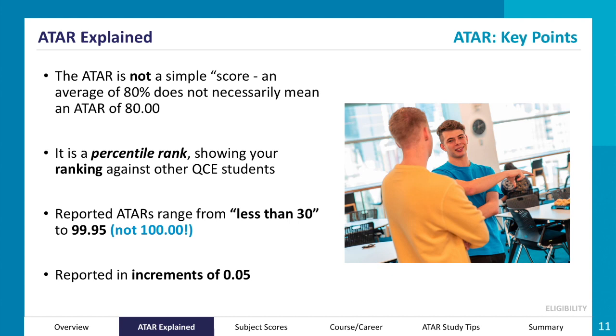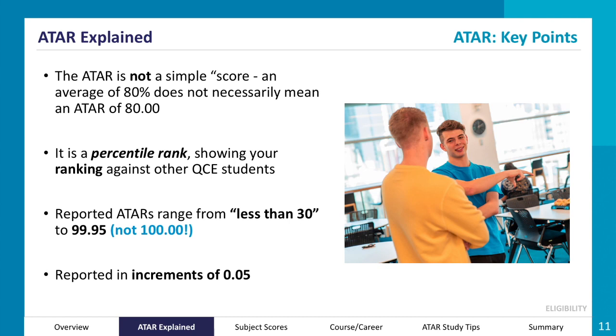So why is an ATAR of 100 not possible? Well, a theoretical ATAR of 100 would mean that that student has outperformed 100% of her or his or their competition. And that's not realistically possible because that competition actually includes yourself, and you can't really outperform yourself or those who you equal.